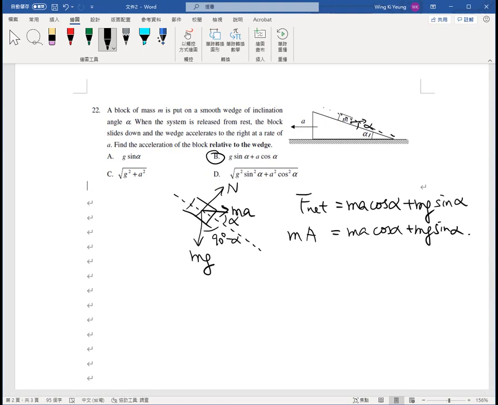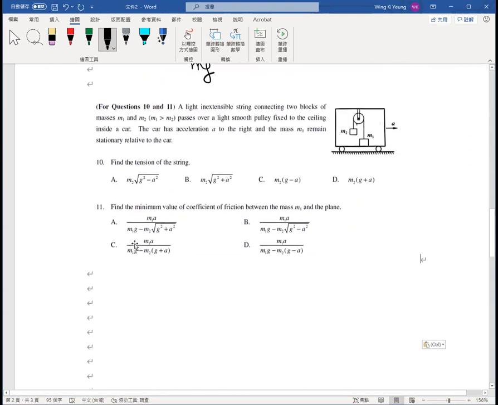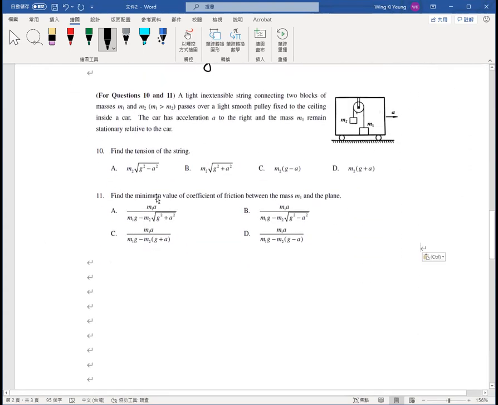Then let's have a look at another one. Okay, this one. The car is accelerating to the right. You may have a look at the question first.